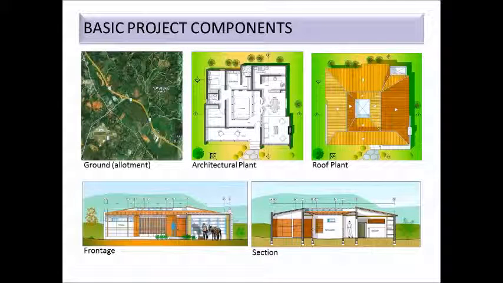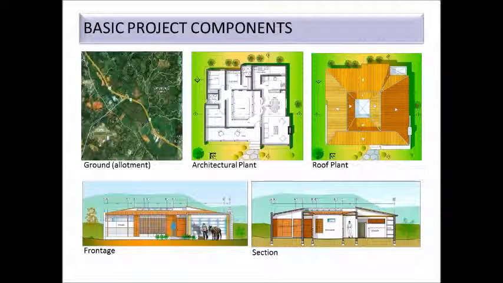A basic project component refers to the set of plans to file, starting with the ground plan, where it locates the property and siting of the building. Sticking with the architectural plans, where top view, measures, and allocation of the spaces are contemplated.